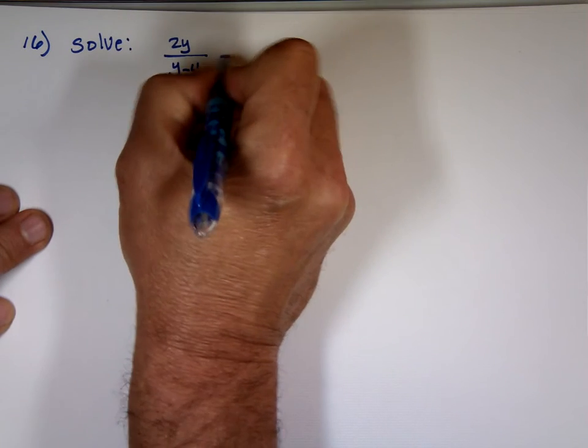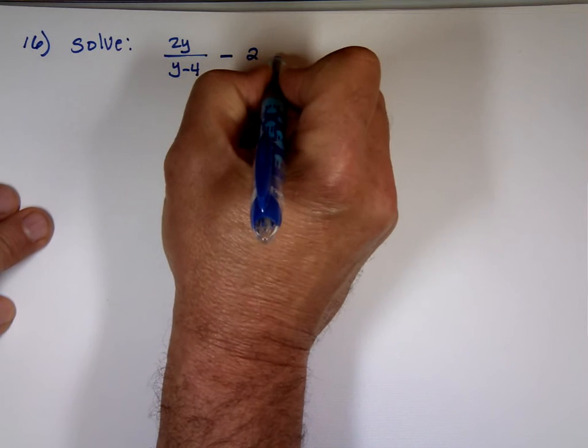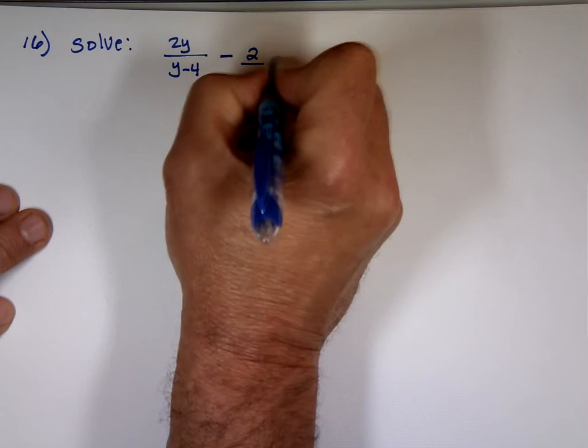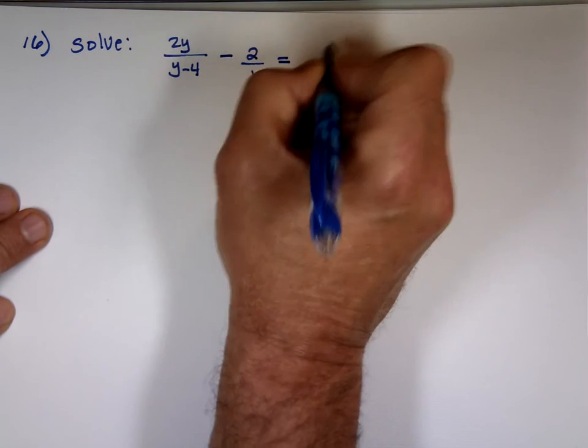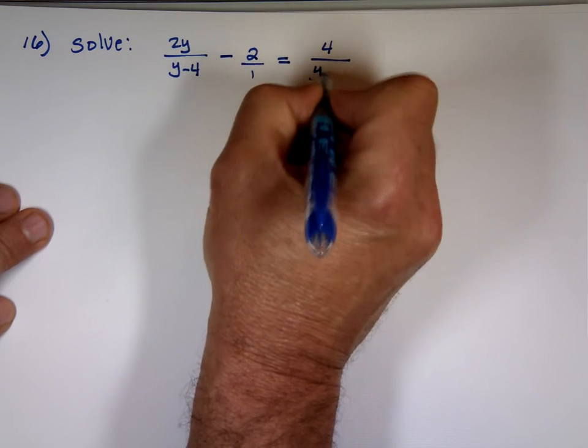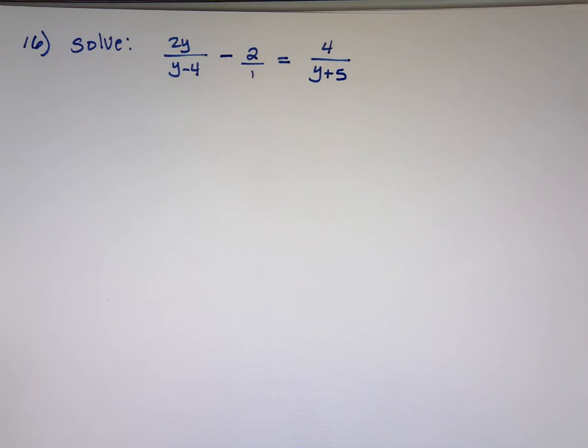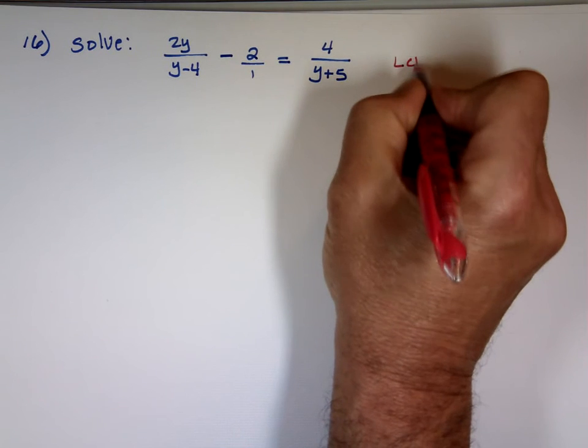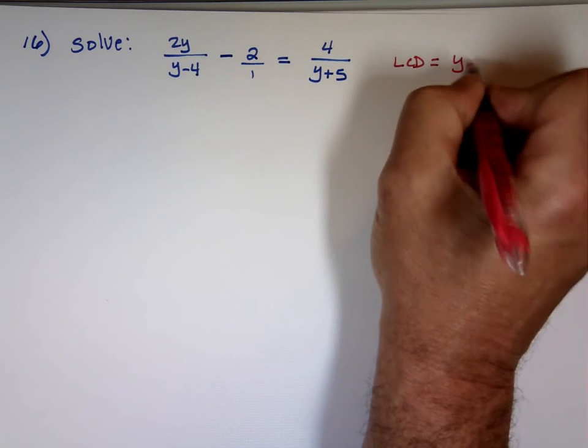The 2 is root 2 over 1 equals 4 over y plus 5. And you can see I can't really do anything to the bottom. I can't simplify them, factor them anymore. So my LCD is going to be y minus 4 times y plus 5.